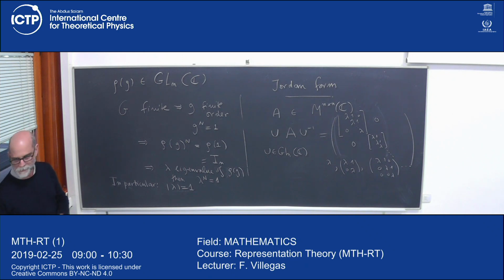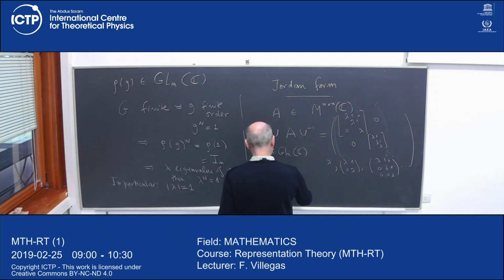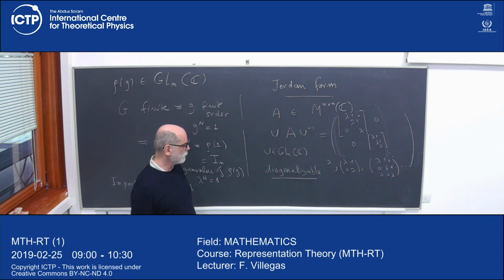Yeah? So for example, you must know the meaning of a matrix being diagonalizable? The sum of dimensions of eigenspaces is equal to the dimension of the space. Or eigenvectors are linearly independent. If you have n linearly independent eigenvectors.